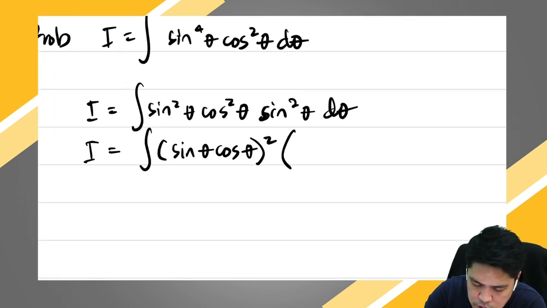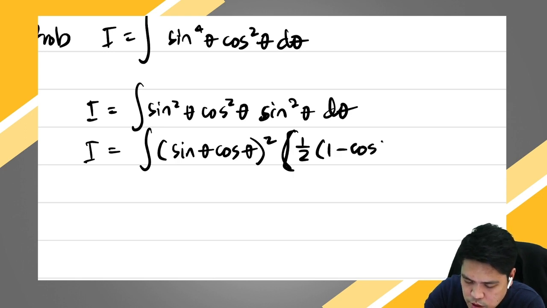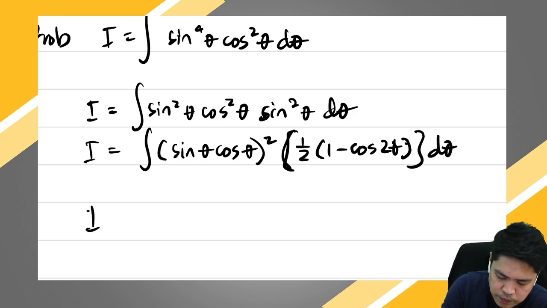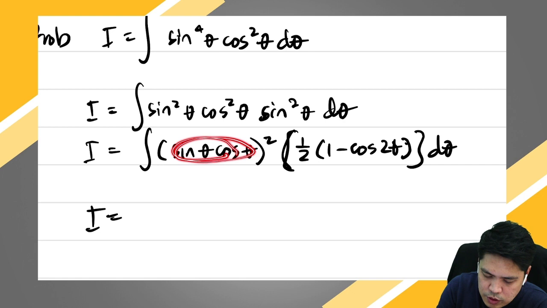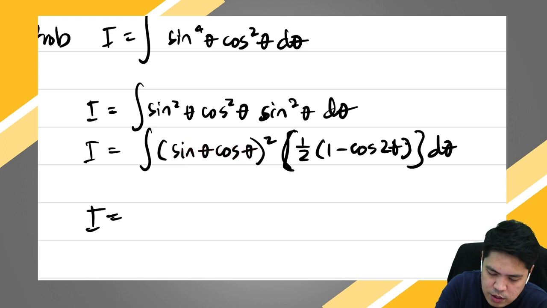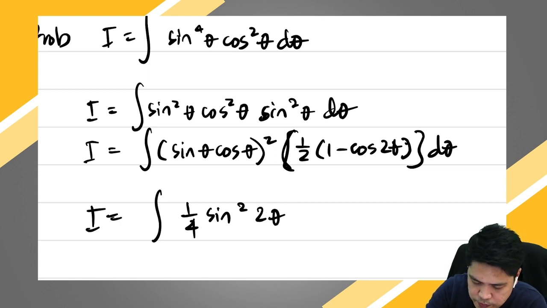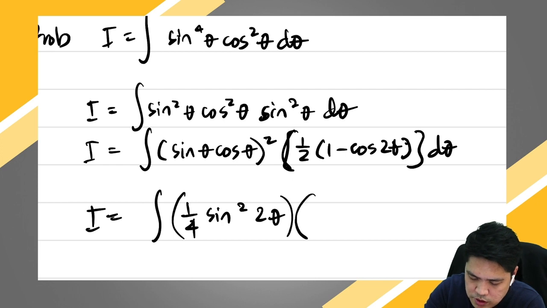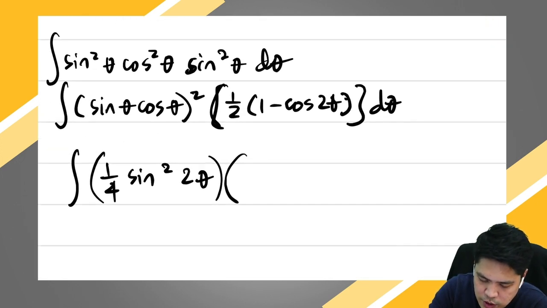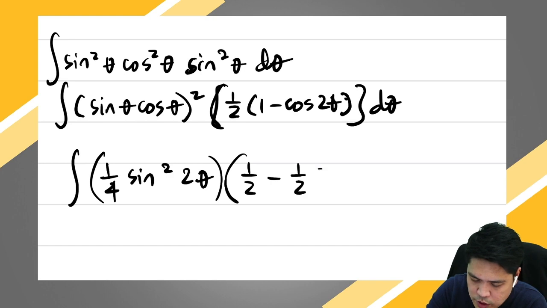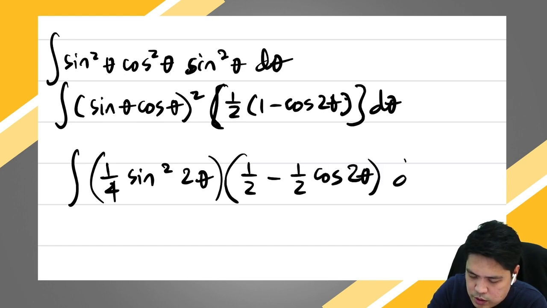Okay. Then this would become 1/2 times 1 minus cosine 2 theta, then d theta. So for this one, we know that this is 1/2 sine 2 theta. Hence, if we square that, that would be 1/4 sine squared 2 theta. Okay, then we'll multiply this with 1/2 minus 1/2 cosine 2 theta d theta.